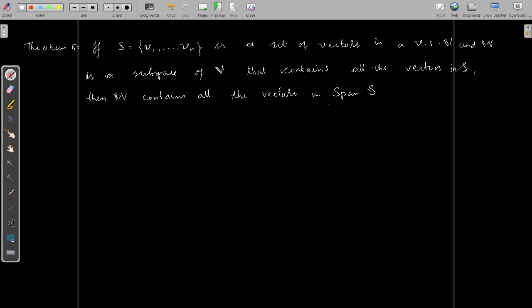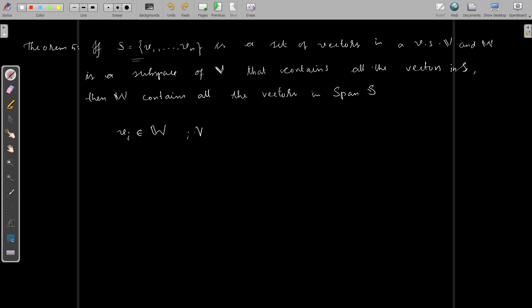That means this W contains all the vectors of S. Then W contains all the vectors in span of S.